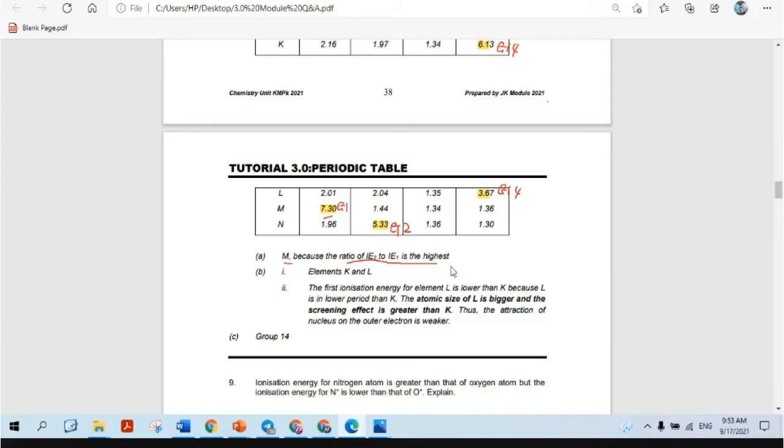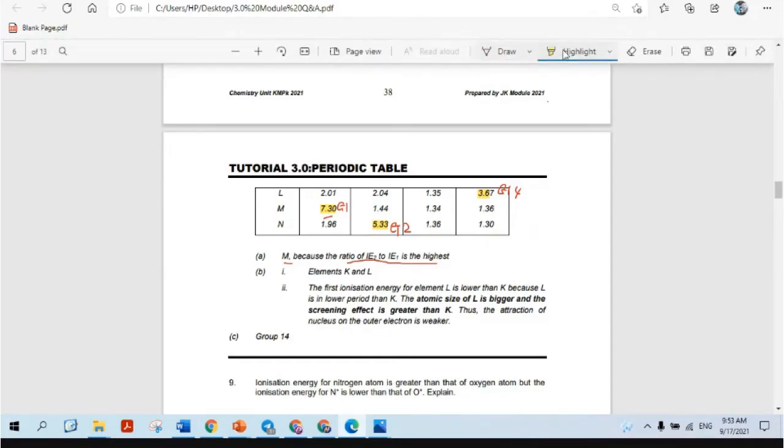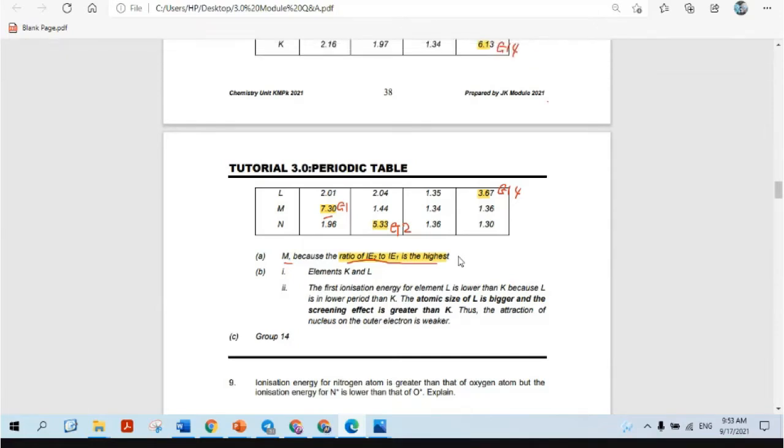Then you can add, it can form M positive ion because group 1 element tend to remove 1 electron to achieve octet. The main reason you must mention about IE here: the ratio of IE2 to IE1 is the highest.